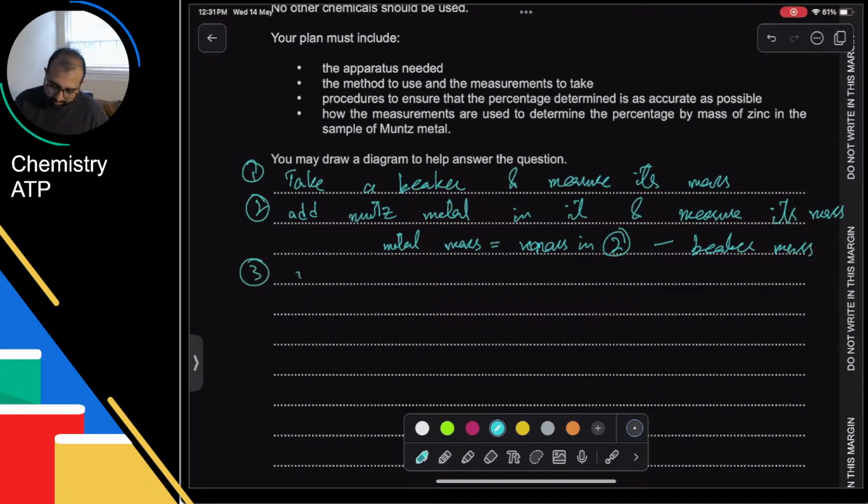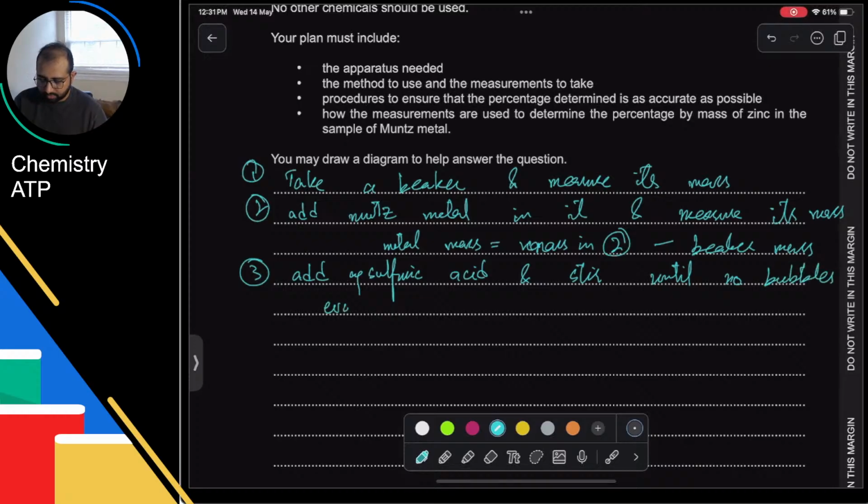I'm gonna add sulfuric acid, aqueous sulfuric acid, and stir until no bubbles evolve or stop evolving, because it's going to produce hydrogen gas, so the bubbles are gonna come out. I want to know that all the zinc has reacted, so I should add it in excess so that all the zinc has reacted.